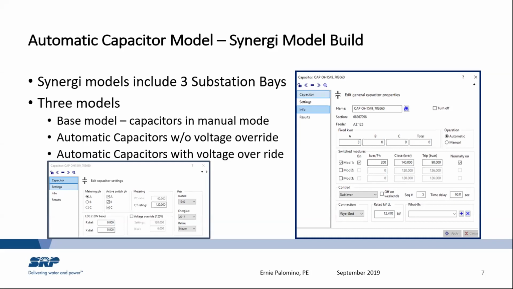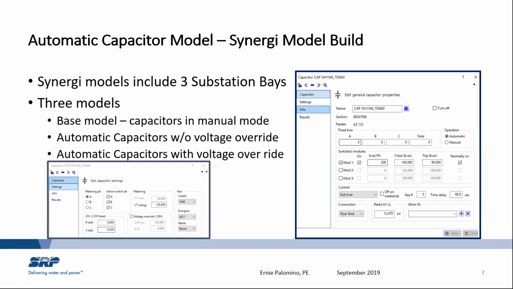This is per phase, so for a 600 kVAR cap, I would have 200 here. We close at 70% if we have a kVAR reading of 70%, and we trip at 45% of the cap banks. Also, the sequence.